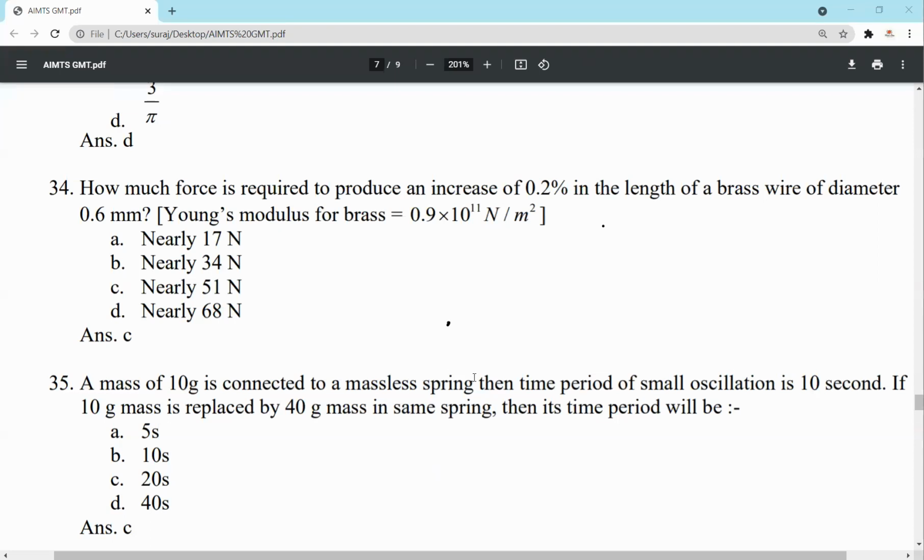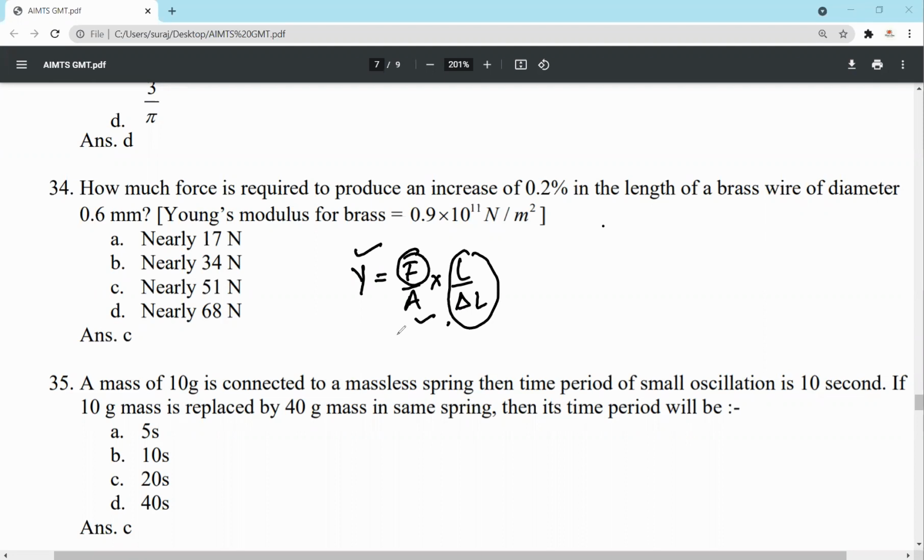Young's modulus of brass is given. Young's modulus is force per area into L by delta L. We can find the area, Young's modulus is given, so we can find the force.